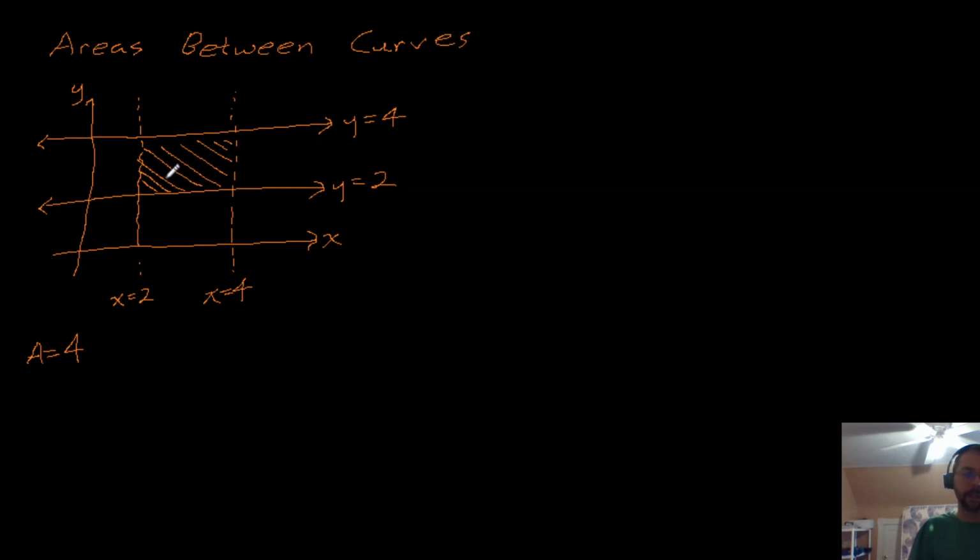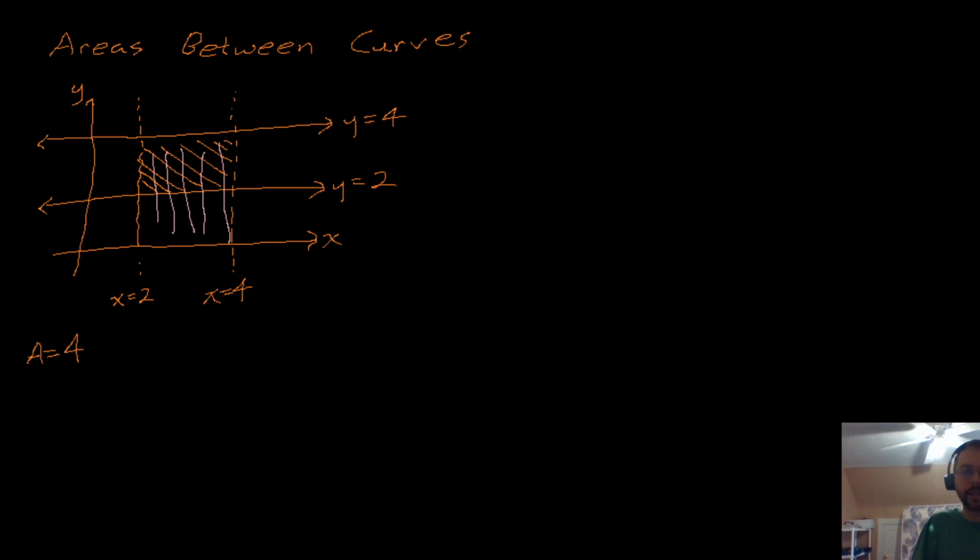So one thing that we can do, from what we already know from the last example, is find the area under the curve y equals 4, which we know how to do, and let's say that's this right here.